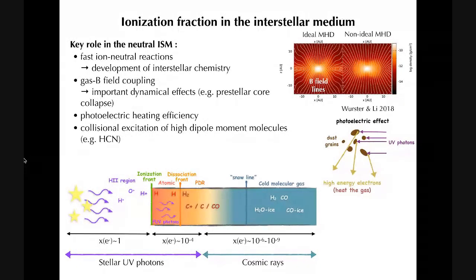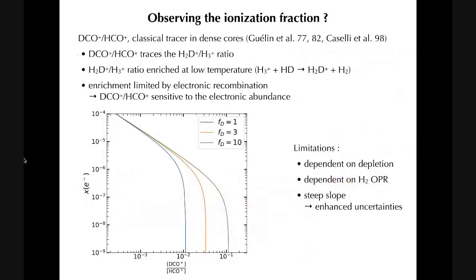The difficulty is that usually we can't observe directly the main charge carrier in the gas. So we use indirect tracers, which are molecular tracers that are sensitive to the abundance of electrons through their chemistry. What has been most commonly done is using deuteration tracers, such as the ratio of DCO+ over HCO+, based on a fairly simple idea: DCO+ over HCO+ traces the deuteration fraction of H3+.